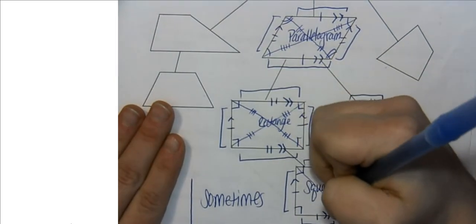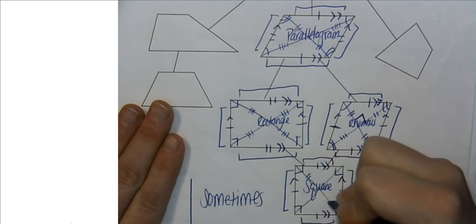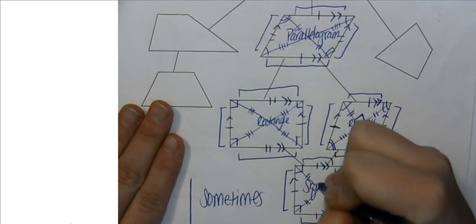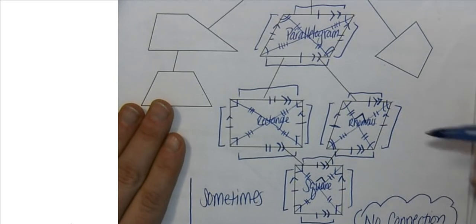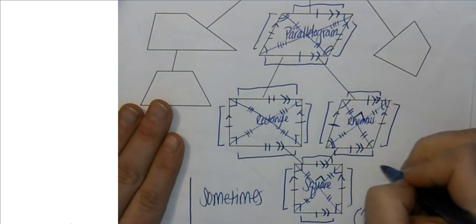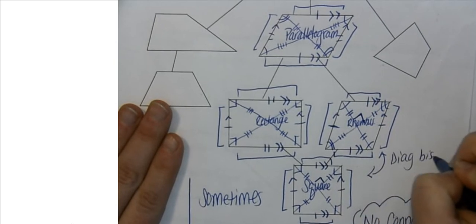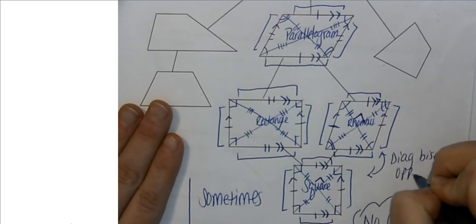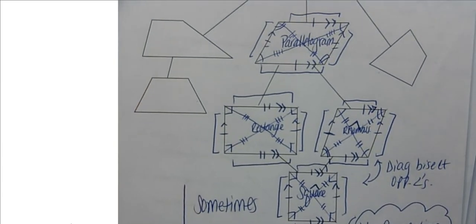The diagonals bisect each other, but more specifically, they are congruent and they intersect to form right angles. Finally, for these two, the diagonals bisect the opposite angles. So I'm going to make sure that I mention that as well. That's an additional property that is kind of hard to emphasize.